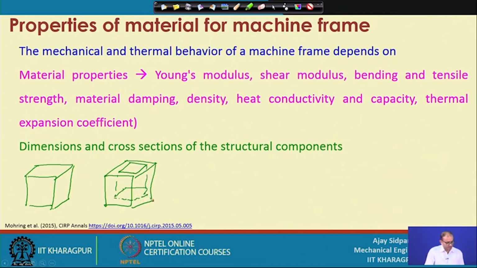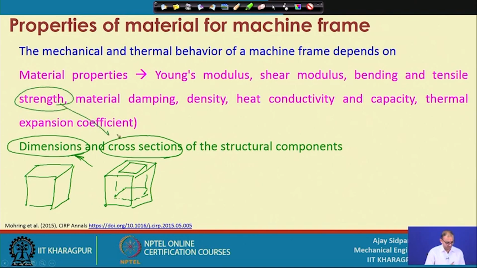In that case you can reduce the total weight of the component but still get the same strength. So, the cross section of the different structural components will decide the total weight of the part. And dimension is also important, because if you are going with a hollow section, you have to make the dimensions in such a way that you get enough strength in this case.